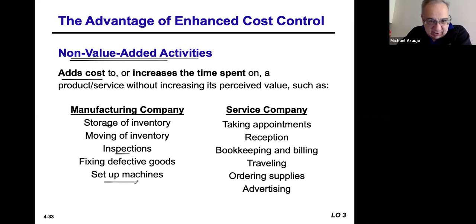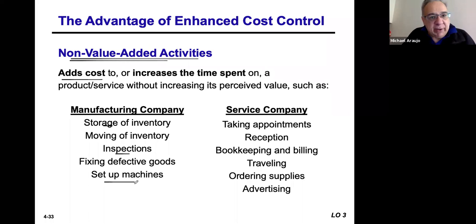Those are all costs that manufacturing companies have to go through to produce a product. And yet you and I don't think of it as a value added. It's not, well, these products are better because of how they store them. No. We see it, this product is better because it has a better design, or it's higher quality machinery and other things like this. This is assembly, rather.